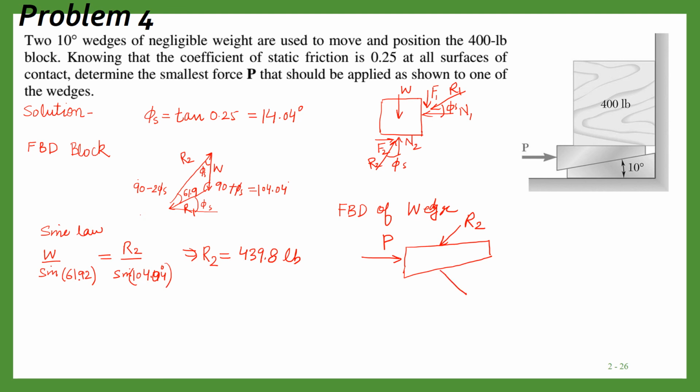Then we have P, and we will have R3 here. I'm not showing the friction forces separately this time. So we will have R3, and this angle is 14 degrees. And this angle we have 10, because the wedge angle is 10, so 10 plus phi s.